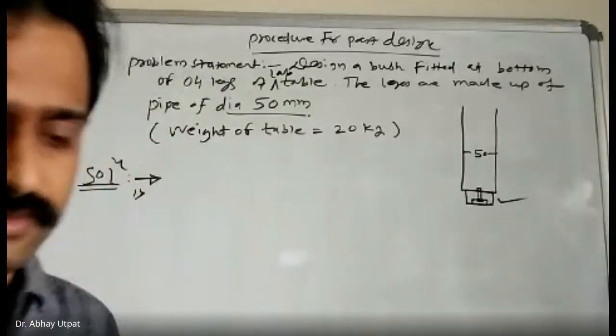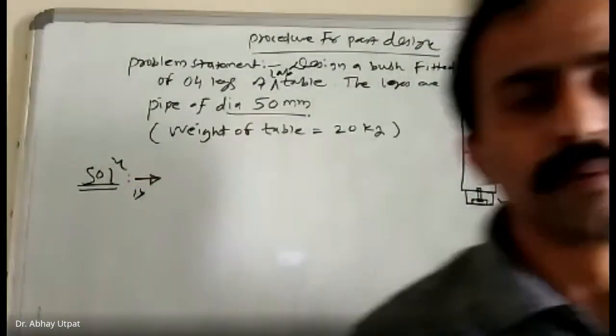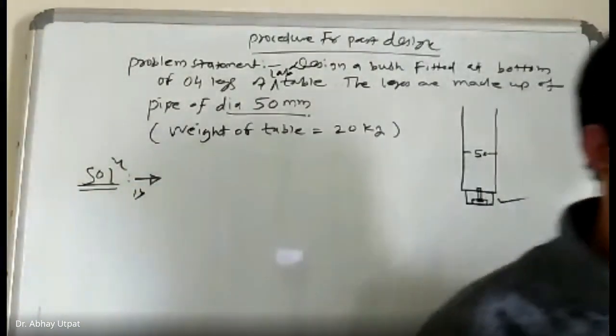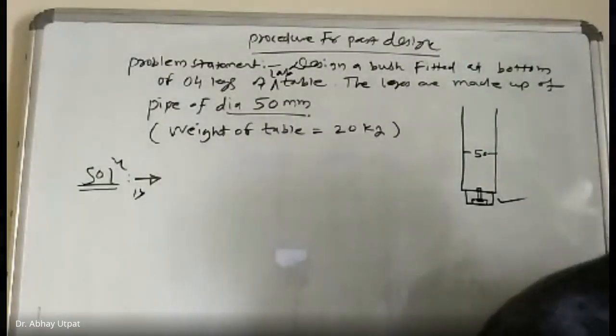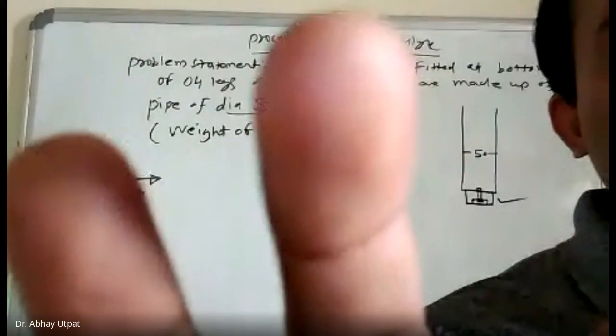Now, solution. Step number 1. It is considered that bush is fitted with screw and the leg base is flat.